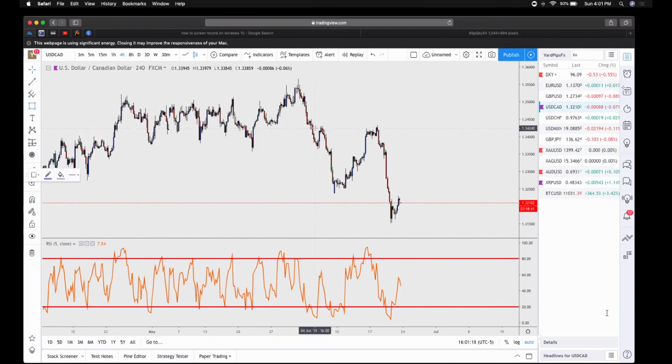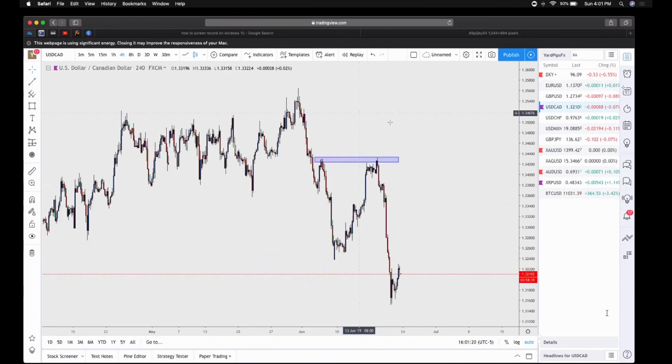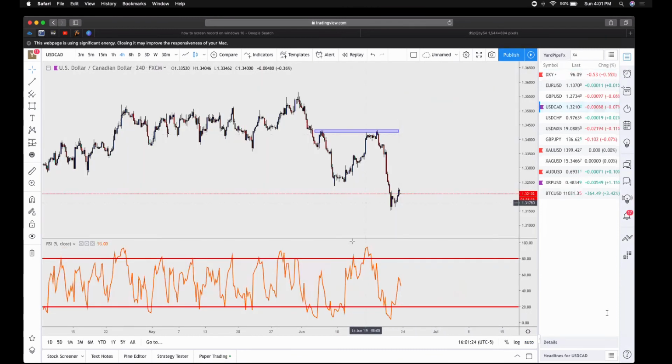Everybody copy? So you notice when price was at the lower high, the RSI was overbought.